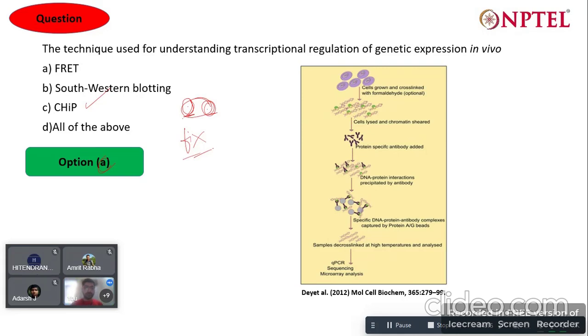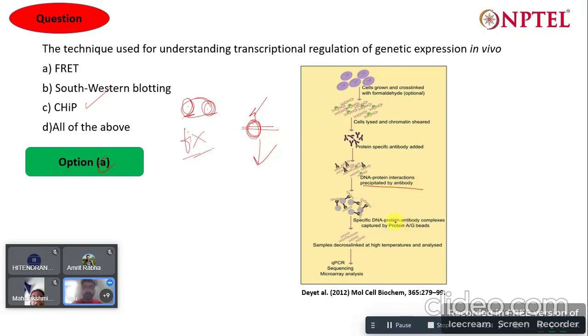So what we do in this case is, the cells are grown and the DNA that we have to check is first bound with the protein that we have to check. After that we use a specific antibody towards the protein bound to the DNA, and then this protein bound to the antibody is precipitated.